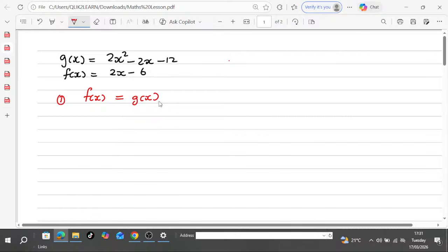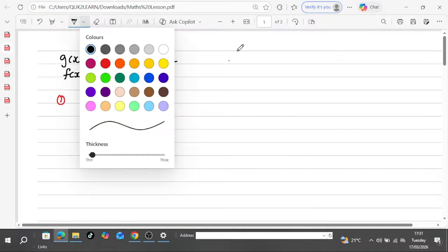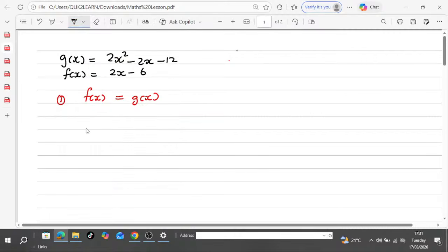When they ask you about f at x equal to g at x, they just need you to find the point of intersection where these two graphs meet.